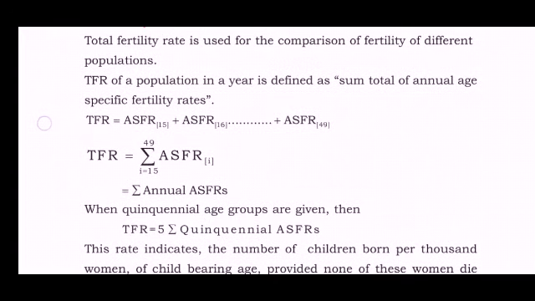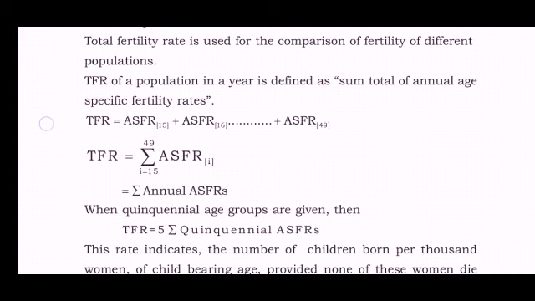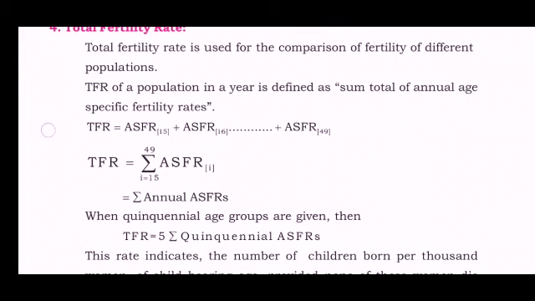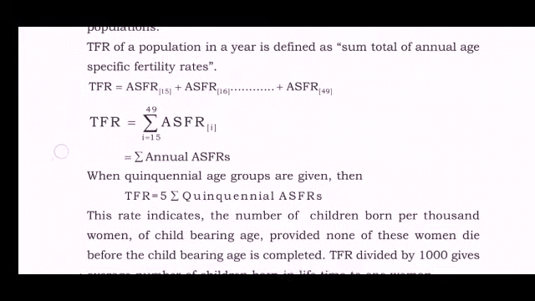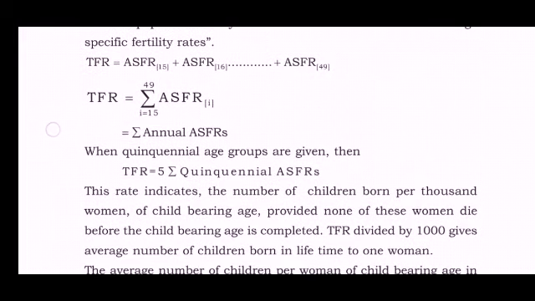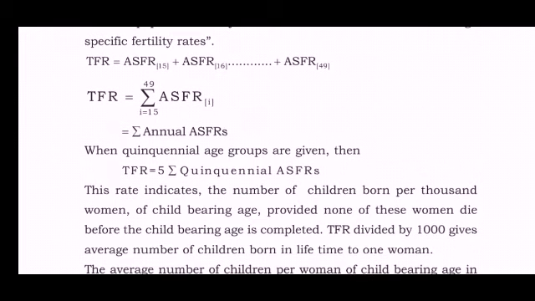But in the busy schedule of life, it is difficult to calculate for 35 years. Difficult means a person doesn't have that much time to wait for calculating all 35 years. So to make it short, we use another formula, instead of the summation of annual ASFRs.